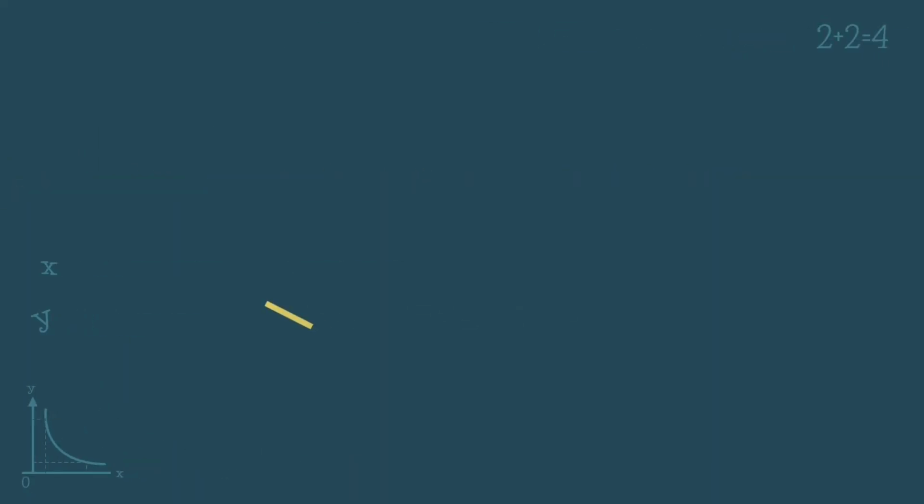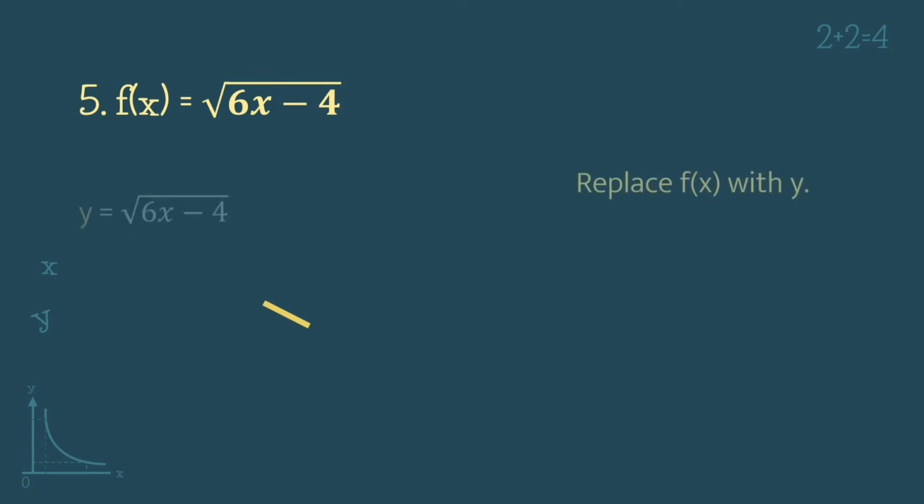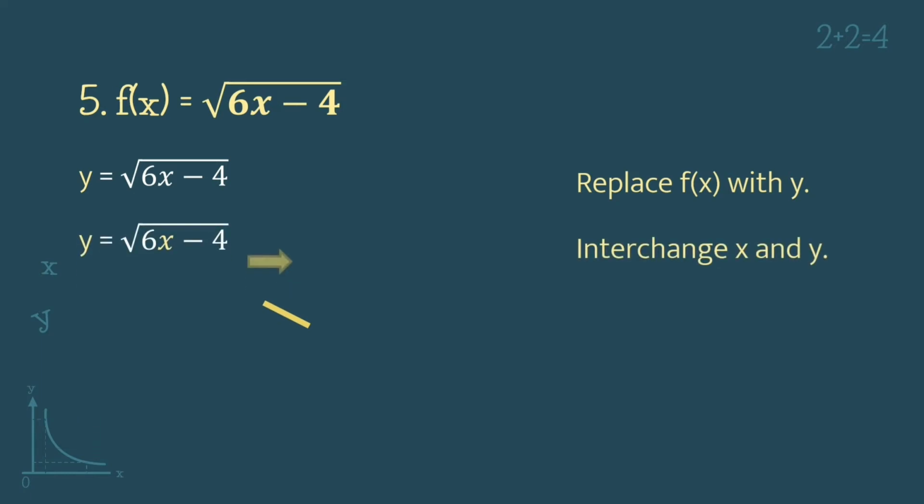For our last example, we have here f of x is equal to the square root of 6x minus 4. Again, first, we replace f of x with y. Next, we interchange x and y.